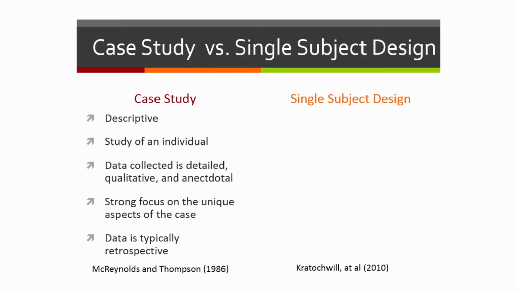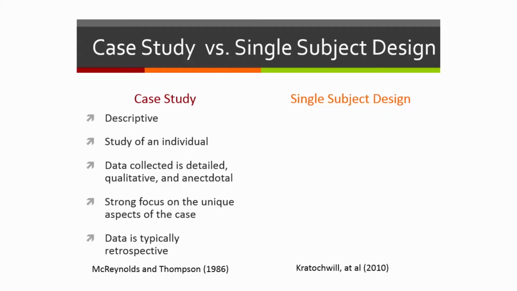You're basically taking a history, just like you were taking a history of someone in a medical office. Very strong focus on the unique aspects. So most of your case studies are done on individuals who've had something that's very different, very unique. No one wants to read a case study on someone with an ankle sprain. Everyone wants to read a case study on someone with an ankle sprain with an open fracture. People are interested in that.